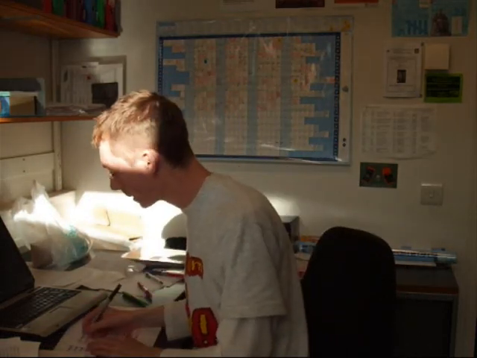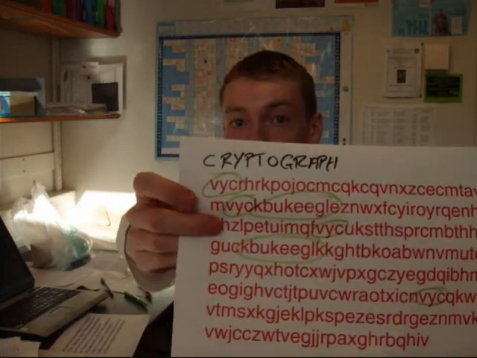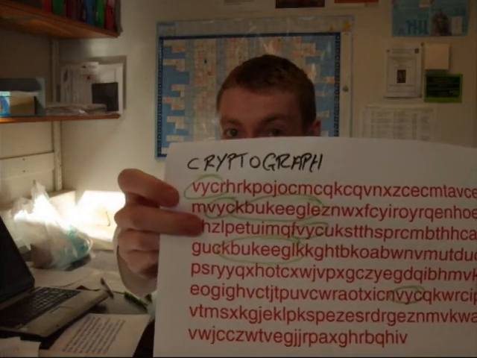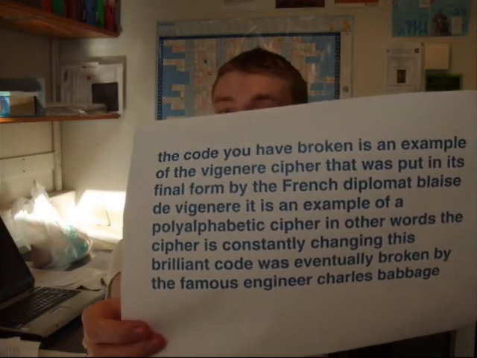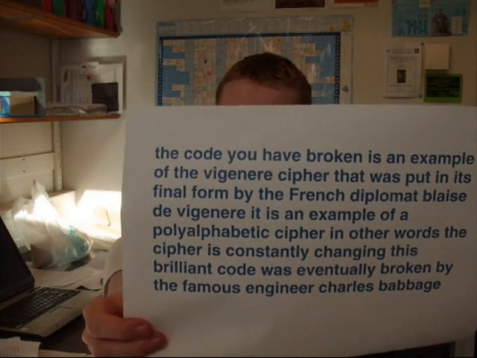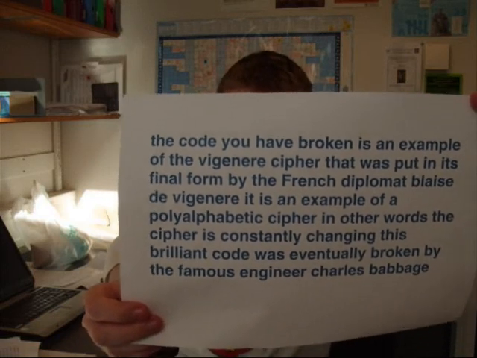Now, with a bit more toing and froing, you can work out that the keyword was an 11-letter word, and it was the word cryptograph. Using the keyword and the code, you can now completely work backwards and you find the message. And this was the message. And it says, the code you have broken is an example of the Vigenere cipher.